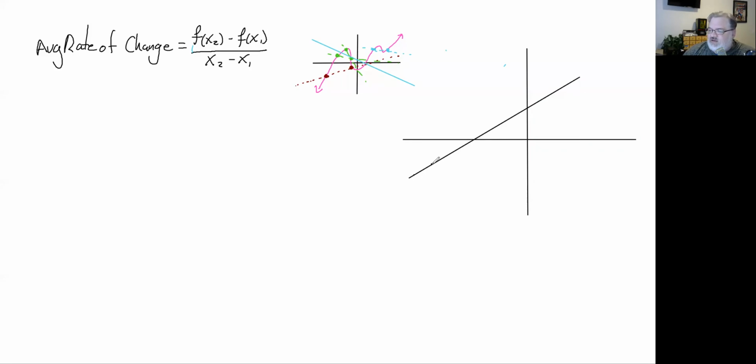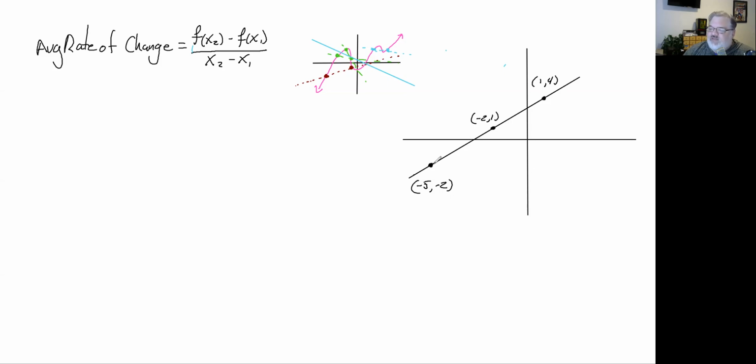So let's say we knew (-5, -2) was on that line. And say we know this point is (-2, 1). And let's say we know this point is (1, 4). So let's say we know this line has those 3 points on it.